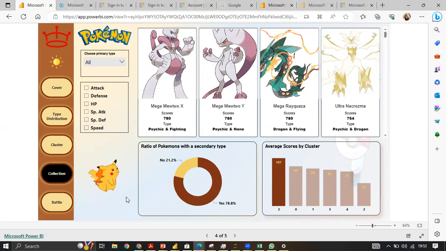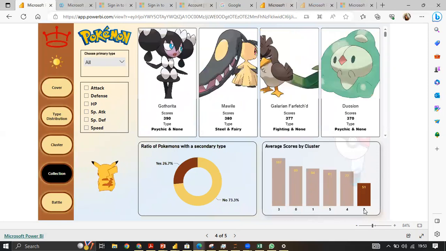The ratio of Pokemons with a secondary type to those without a secondary type is 78.8% for Pokemons with a secondary type. But when we look at Pokemons in cluster 2, we can see the opposite. It has more Pokemons without a secondary type.